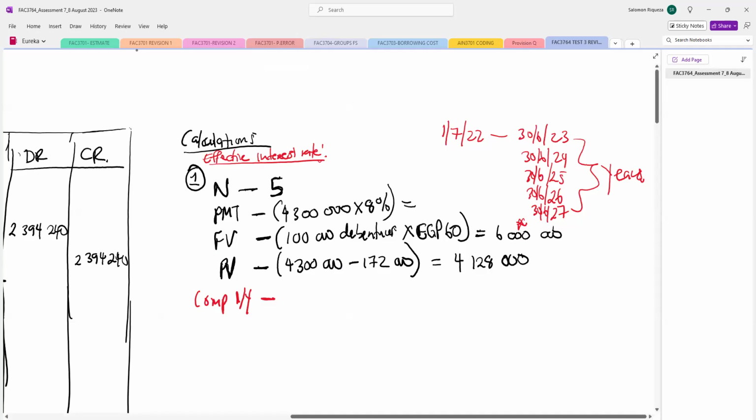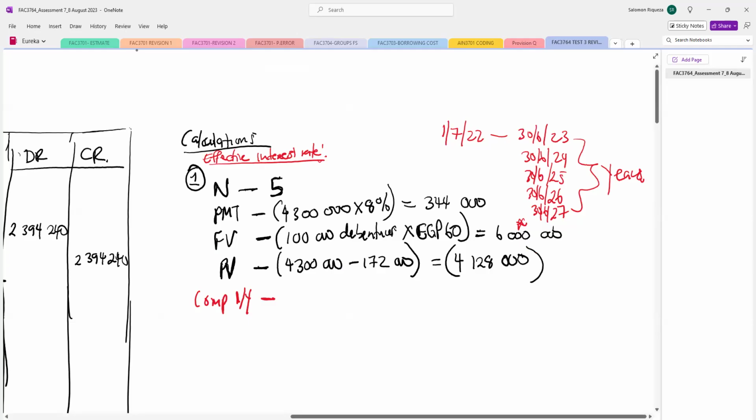Okay, so 4.3 million multiplied by 8%. All right, please also do the calculation along with me. This will give me 344,000. So I'm going to make my PV negative as an outflow.